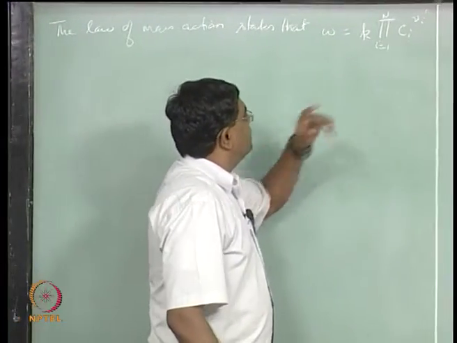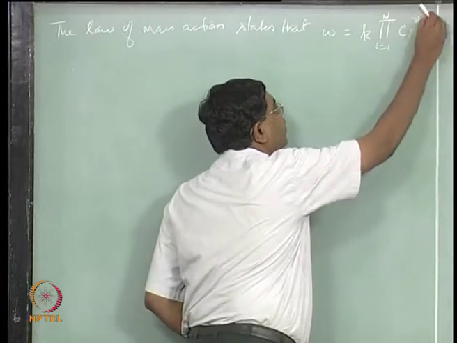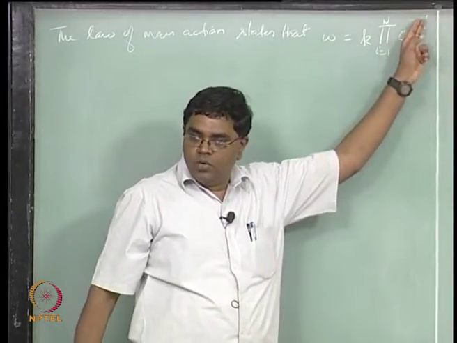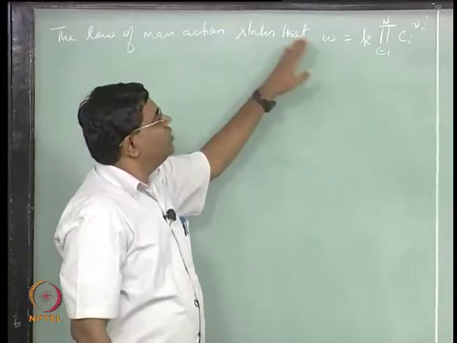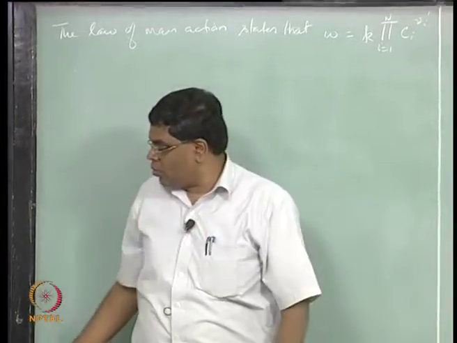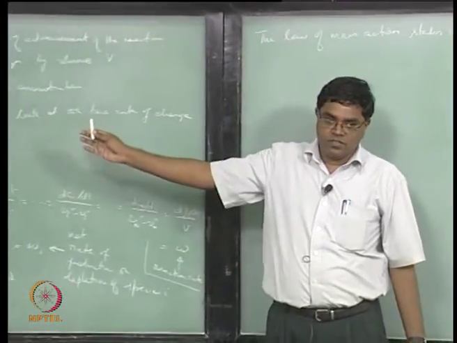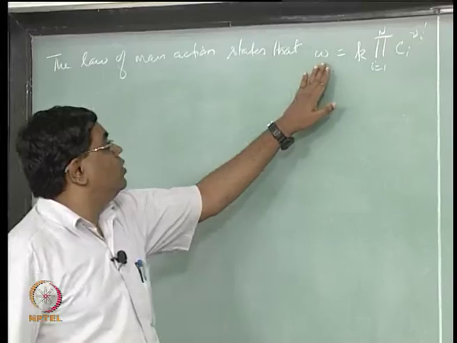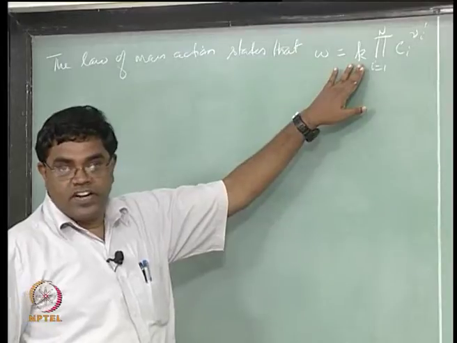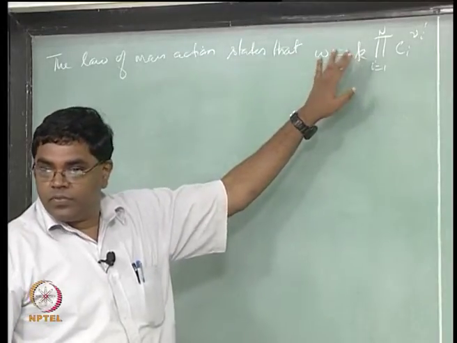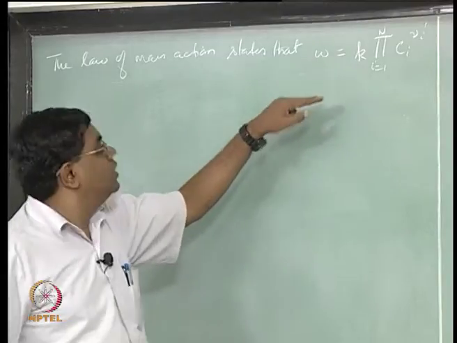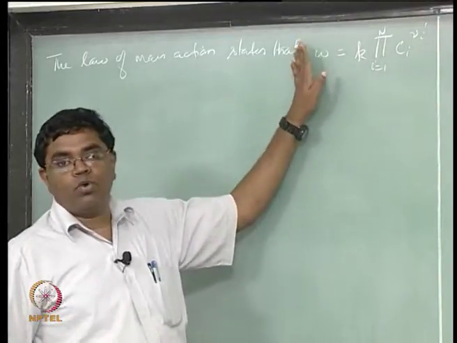So this simply means that so long as you use nu I single prime as the exponent over ci, the rate of reaction, the common quantity for all the species participating in a reaction, is equal to what's called a rate constant or specific rate constant. It's not a constant, we will expand on that, but it's like a proportionality constant.